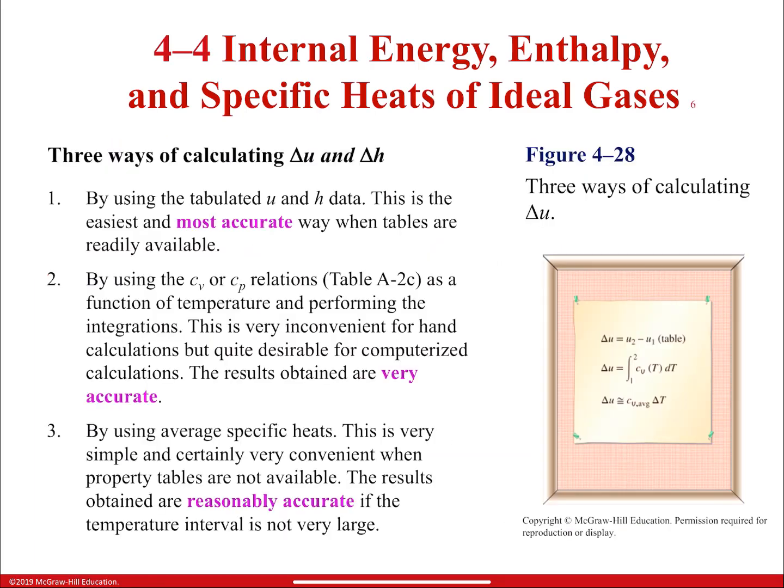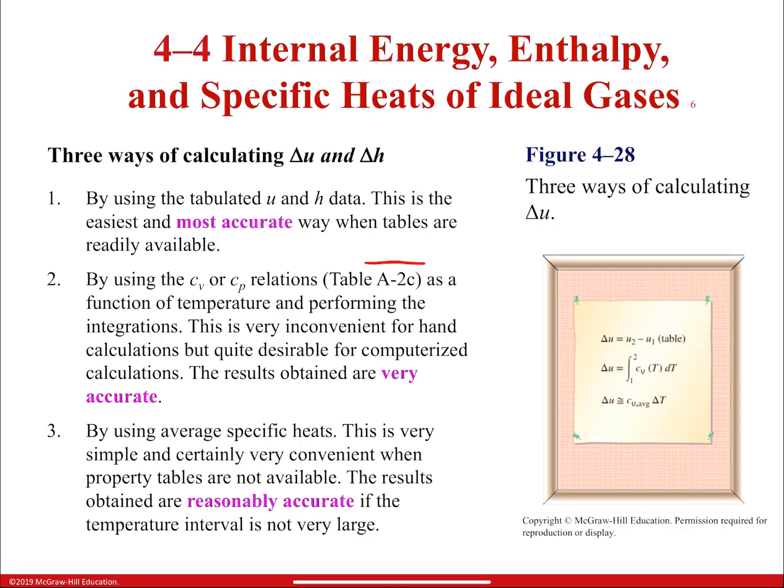Moving on. There are always three ways of calculating delta U and delta H. The first is using the tables for U and H, where the data is available; this is the easiest and most accurate way when the tables are available. The second is using CV and CP relations, with the table A-2c as a function of the temperature and performing the integrations.